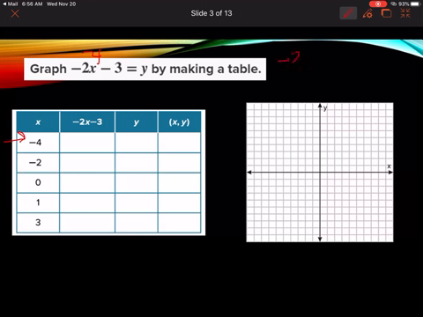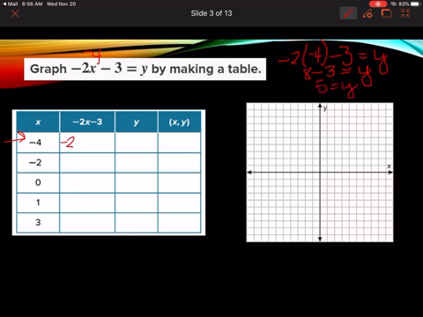So I have negative 2 times negative 4 minus 3 equals y. So I'm going to use order of operations. So that's 8 minus 3 equals y. 5 equals y. And then I just fill in my table.